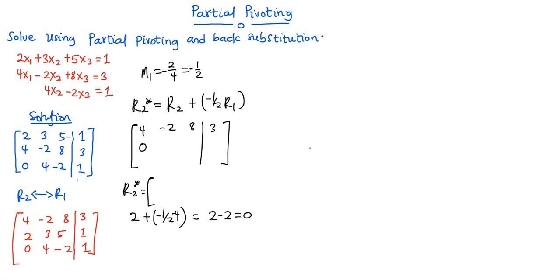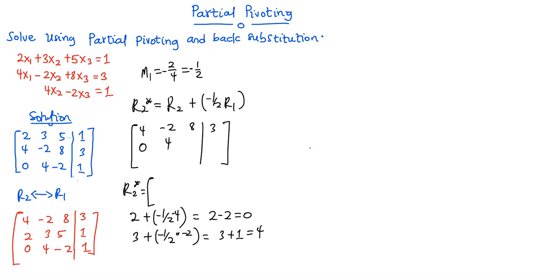So my entry here will now become 0. So the second one will be 3 plus minus half multiplying minus 2, right? So let's look at what you're going to get. You're going to get 3 plus 1, and this will be equal to what? 4. Alright, so my second entry will be 4.